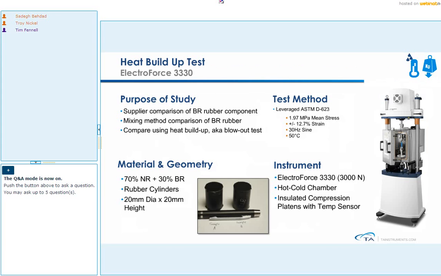In the next example, we are going to look at the effect of both loading and different environmental conditions. This is a test that is done according to an ASTM test method, ASTM D623, also known as the BF Goodrich flexometer test.